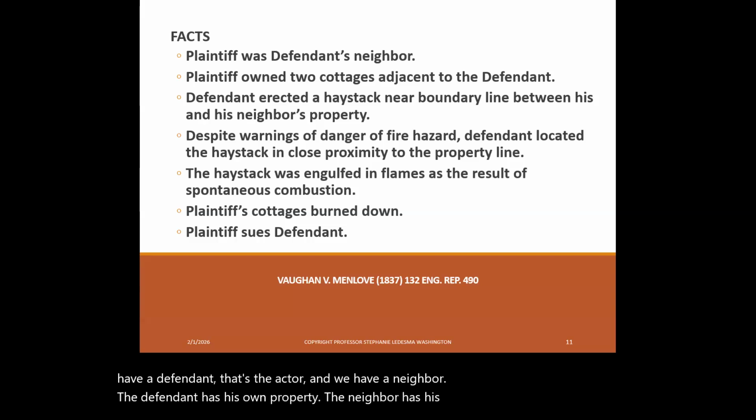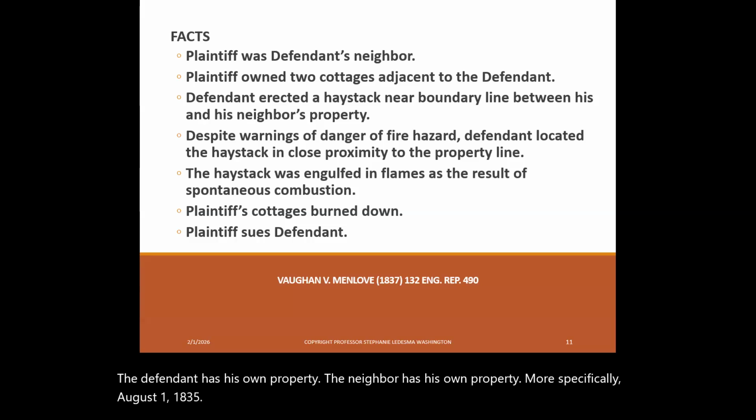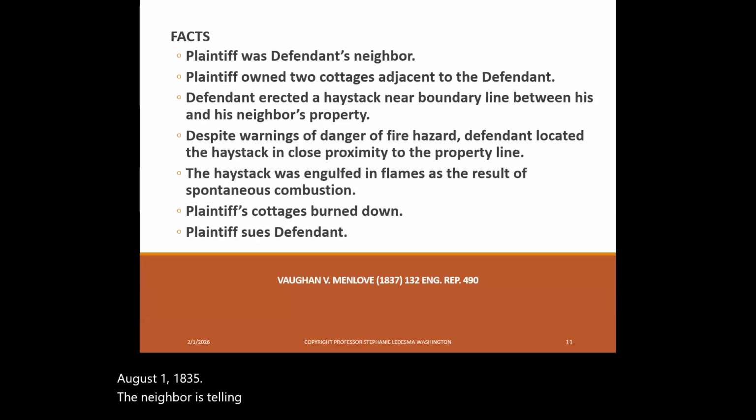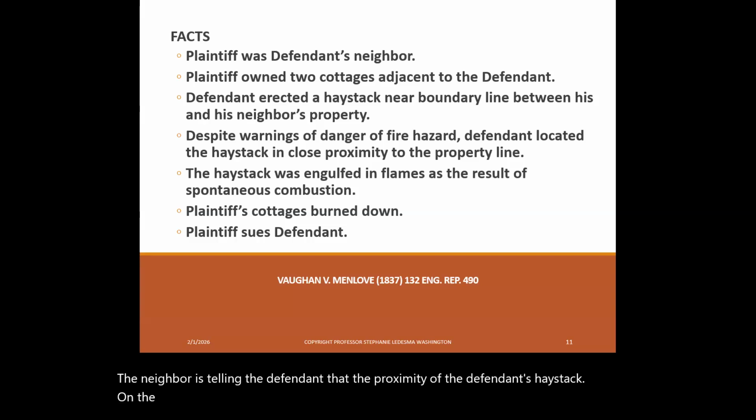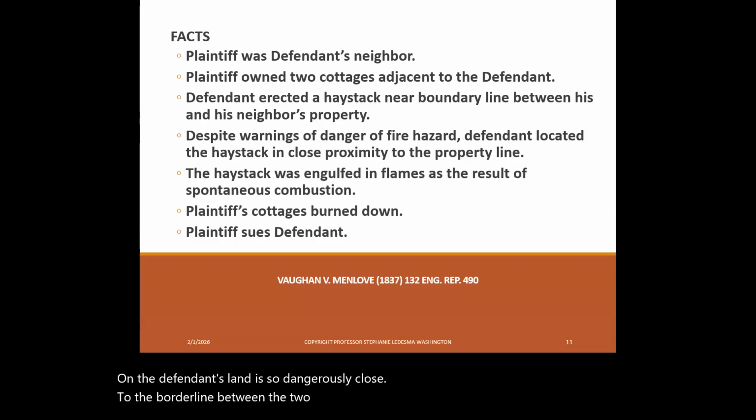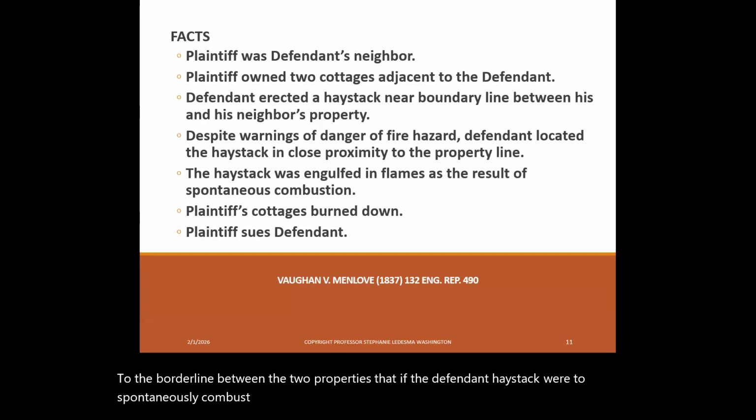More specifically, on August 1, 1835, the neighbor is telling the defendant that the proximity of the defendant's haystack on the defendant's land is so dangerously close to the borderline between the two properties that if the haystack were to spontaneously combust, it would increase the risk of harm to the neighbor's property.